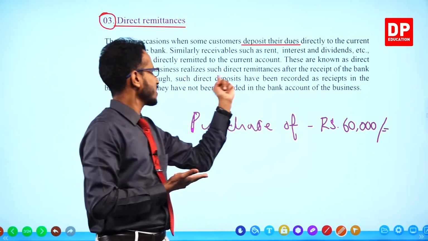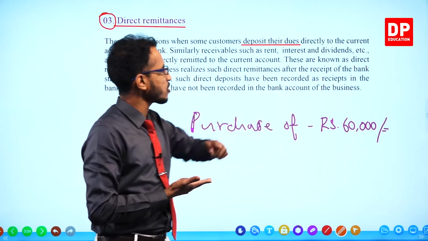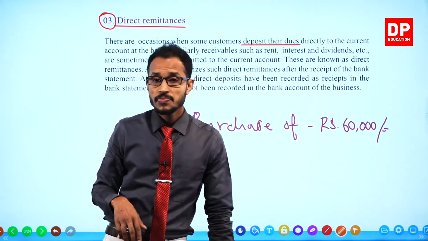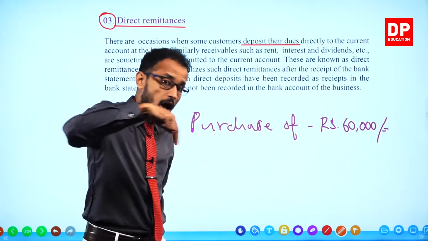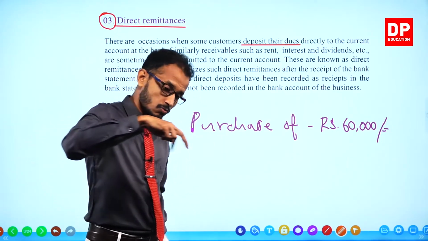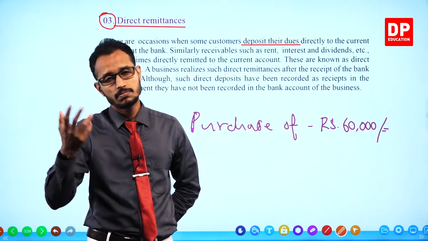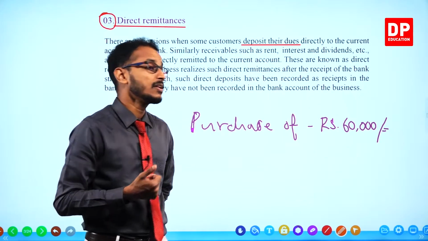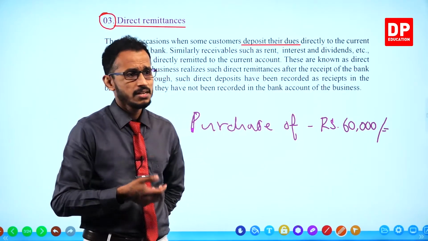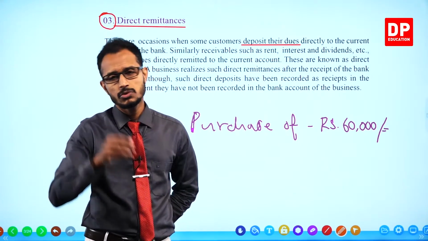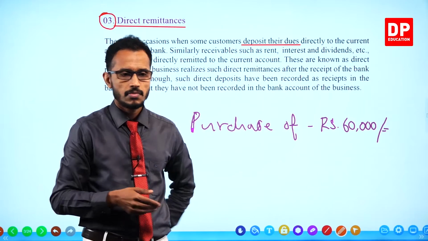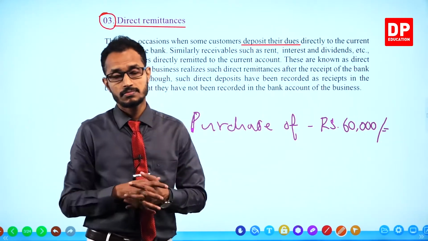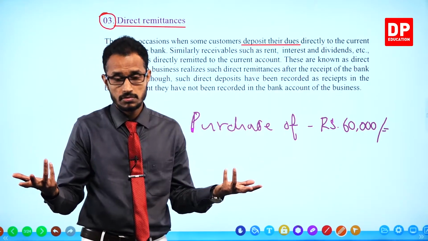A business realizes such direct remittances after the receipt of the bank statement. Sometimes, if the customer did not walk into your shop, if the person did not meet you, I didn't meet this person, but he has done the transfer, I don't even know.